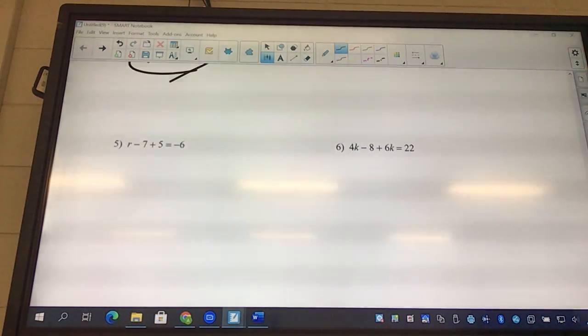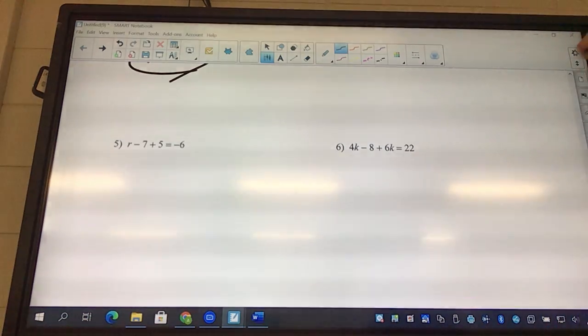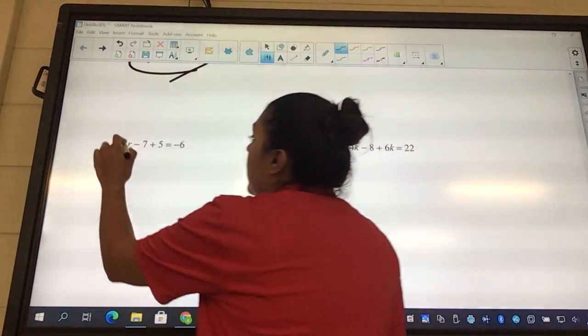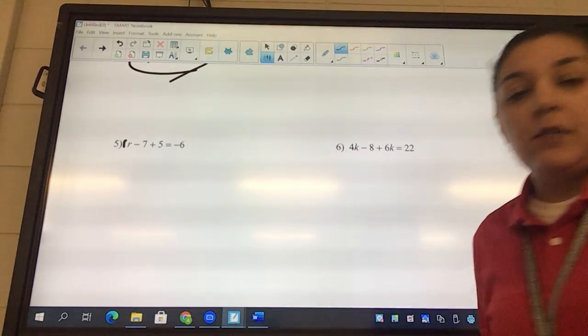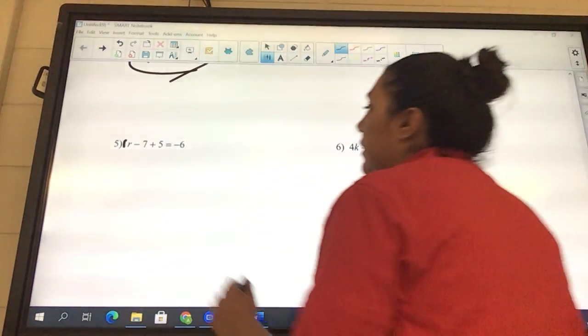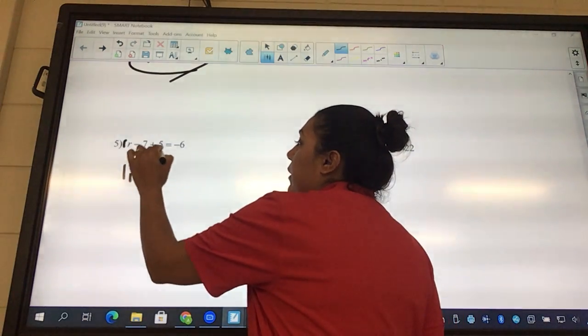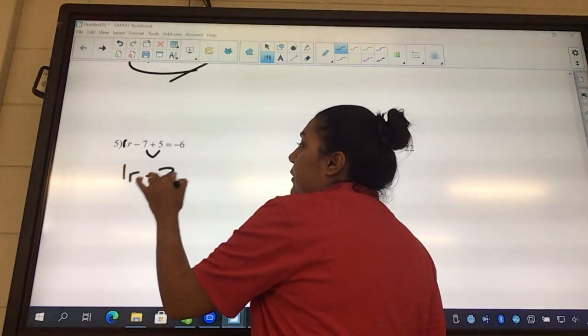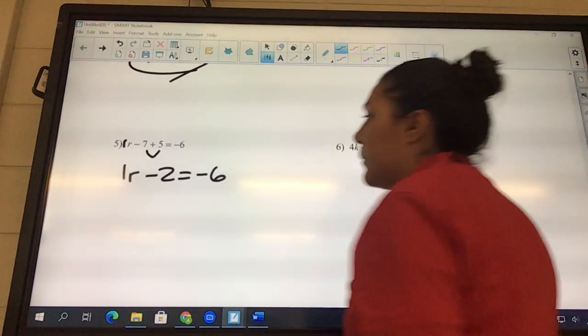Looking at 5, same thing. Is there anything for us to combine? The first thing I'm going to do is put a 1 in front of this R. Then we can combine this -7 and this -5, so I get 1R minus 2 equals -6.